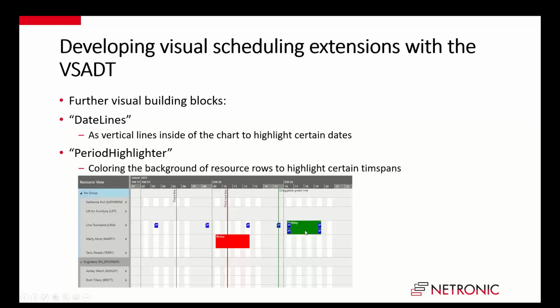Here I marked, for example, that Lina is on holiday in the third week of January. So this time frame would not just be a non-working time, but you can highlight that this non-working time is a holiday as well.